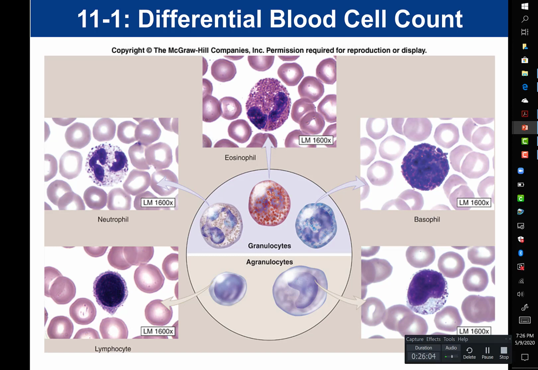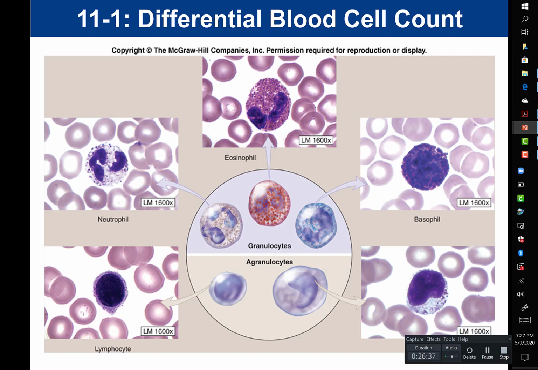When we get to our agranulocytes, this bottom picture is going to be a monocyte. It's large, it's very massive, it has that horseshoe or kidney bean shape nucleus, and it lacks cytoplasmic granules. If I look at a lymphocyte, again, lymphocyte little, notice that if you compare the lymphocyte versus the red blood cell, it's not significantly larger, right?